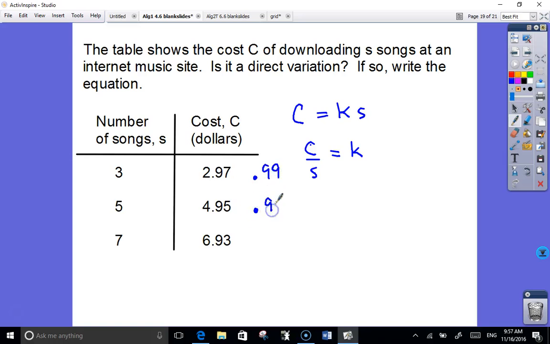Okay, try the last one. 6.93 divided by 7. 0.99. So every time you divided the C by the S, you always got the same thing. That means it's a direct variation. So is it a direct variation? Yes. And the equation should be C equals 0.99S. So it looks like you're paying 99 cents per song.